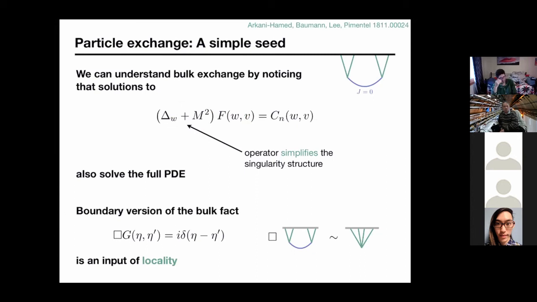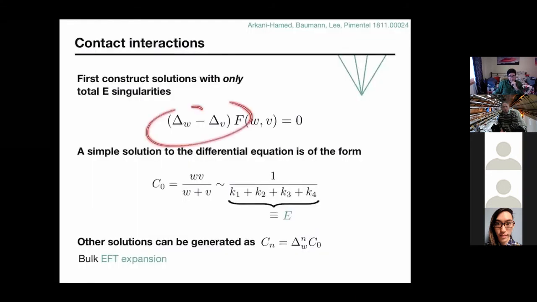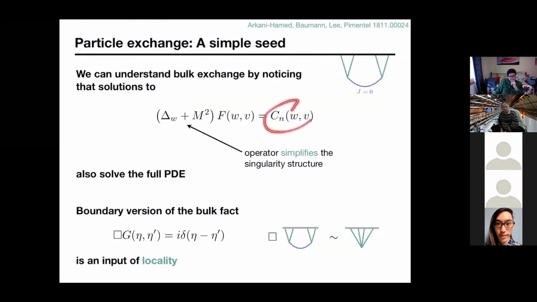So that's sort of one perspective on how to go about inputting the type of singularity structure that you want in the solution. Another one is just to notice that if I handed you a solution of this differential equation, and if it also solves the analogous equation for V, then that thing automatically solves this differential equation, provided that C also solves that differential equation. So you can just kind of posit that the solution you're interested in solves this simpler ODE, and then you're guaranteed to find a solution to the PDE.